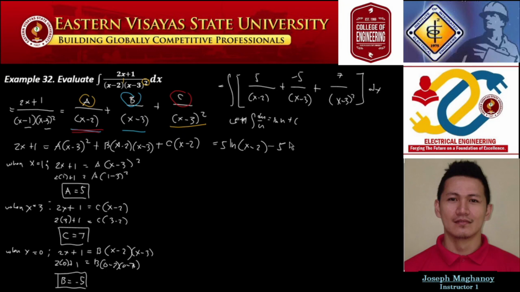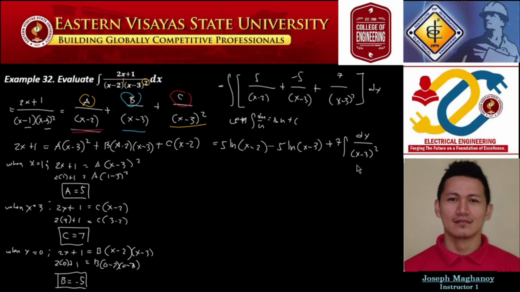That is 5 ln x minus 3. How about here? If we apply property number 1 and 2, we carry out the real number constant, the integral of dx over x minus 3 squared.